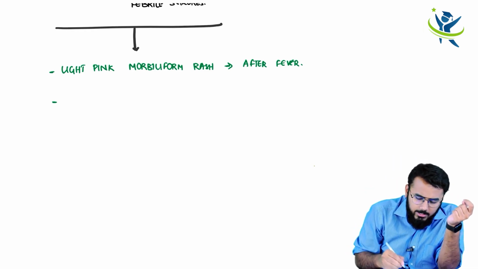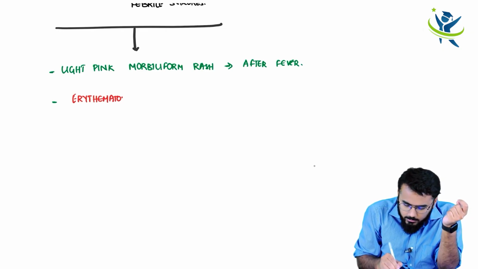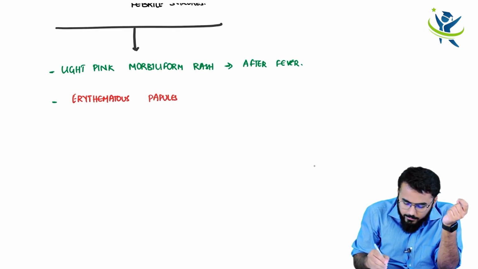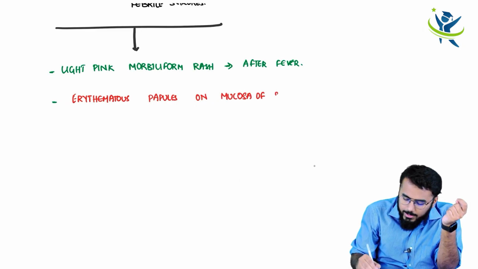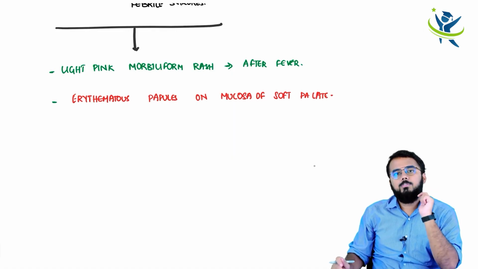Okay, so what I am telling is that there will be some erythematous papules. Okay, where do you see? On the mucosa of soft palate. On the mucosa of the soft palate.